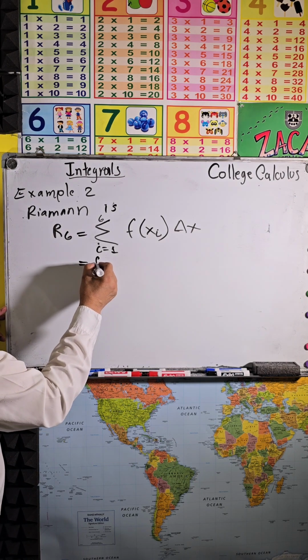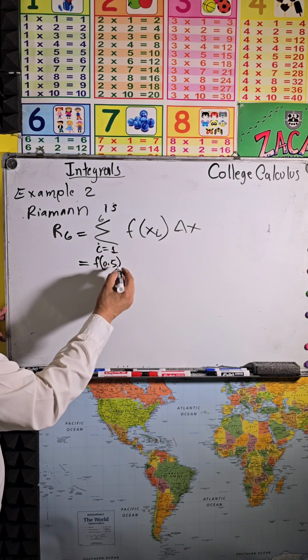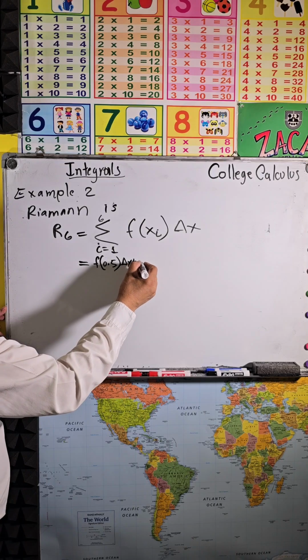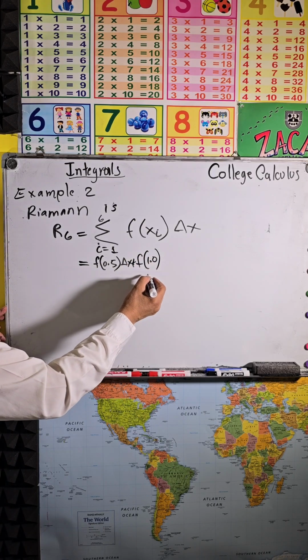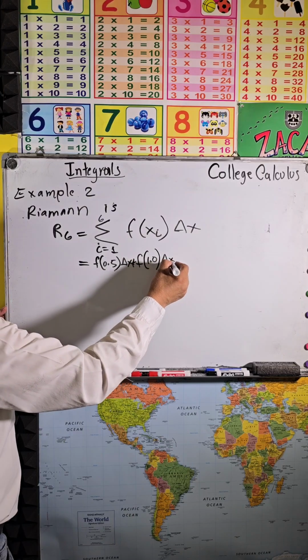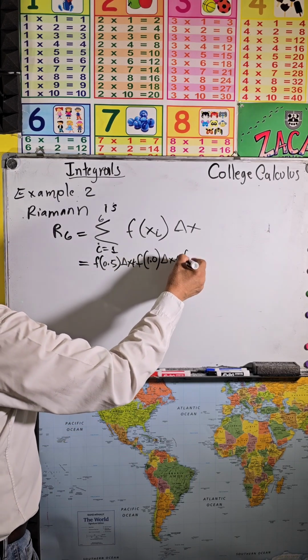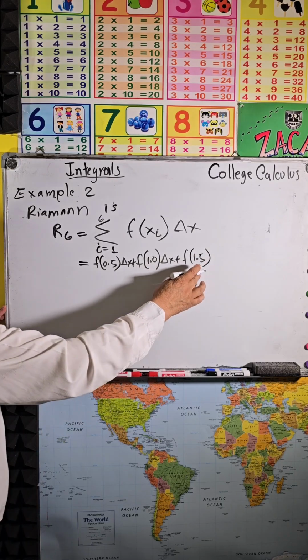We will have f of 0.5 times delta x, plus f of 1.0 times delta x, plus, what else? f of 1.5. Remember what is the next one?